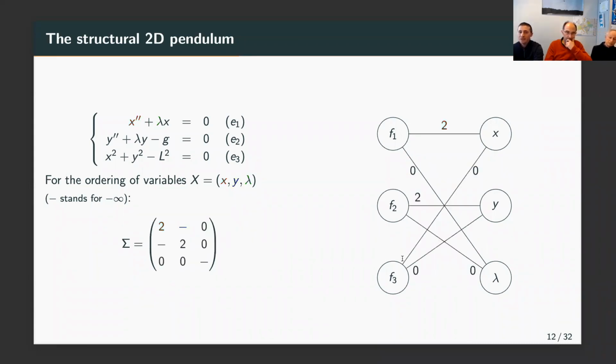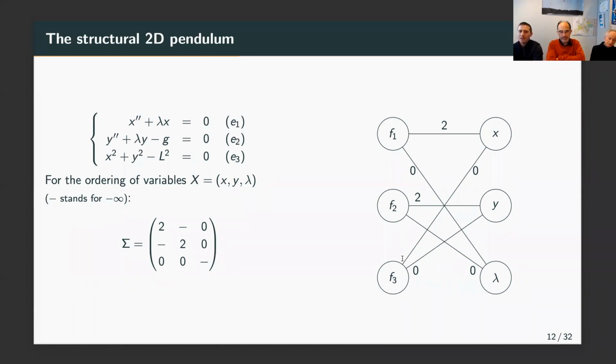And if this is repeated on all equations, we get two equivalent representations that are structural representations of the system. We abstract away the specifics of the equations, and we only keep the information about the occurrence of variables in equations. And this is actually what the term structural refers to in structural analysis.